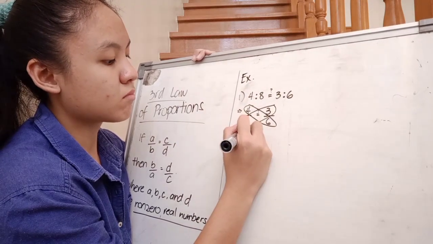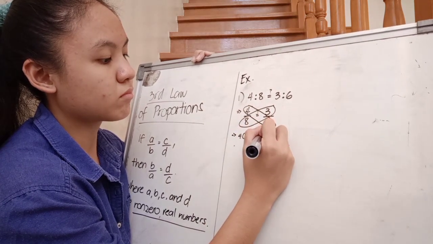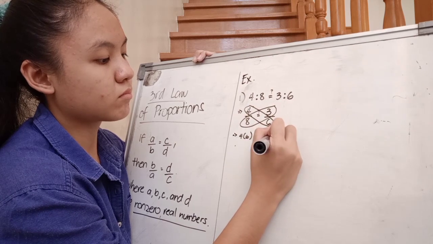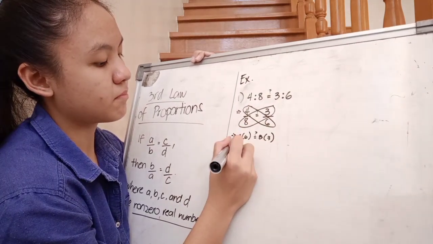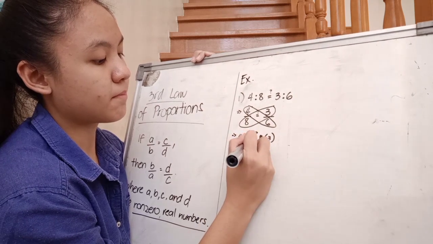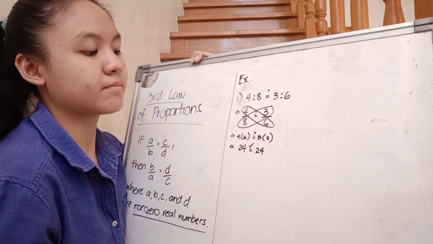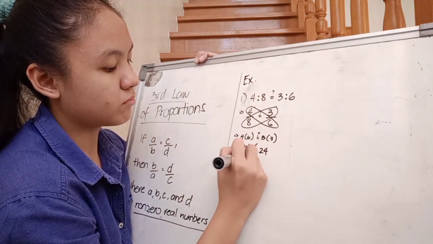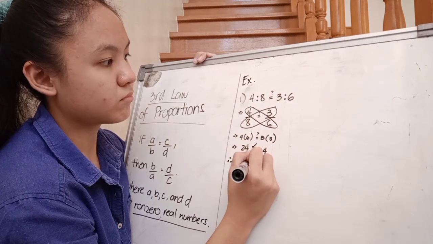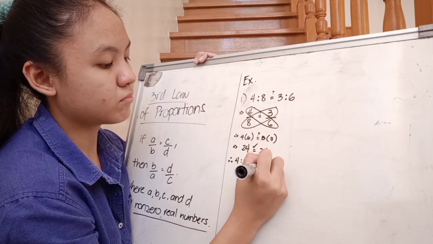So 4 multiplied to 6 is equal to 8 multiplied to 3. Next, 4 times 6 is equal to 24, while 8 times 3 is also 24. Therefore, 4 is to 8 is equal and proportional to 3 over 6 or 3 is to 6.